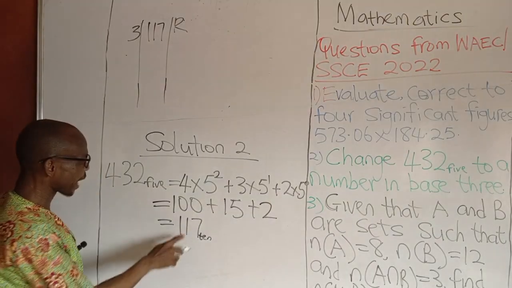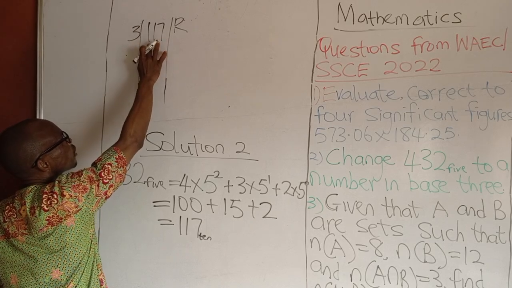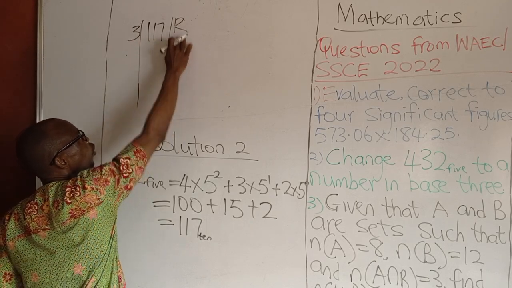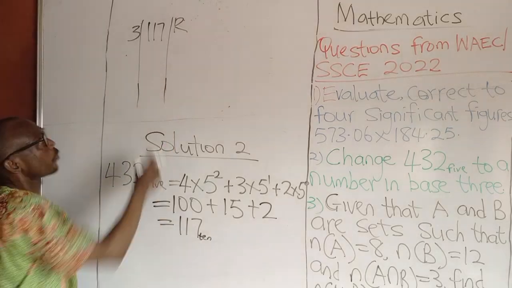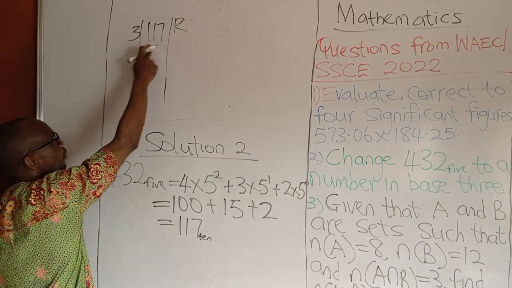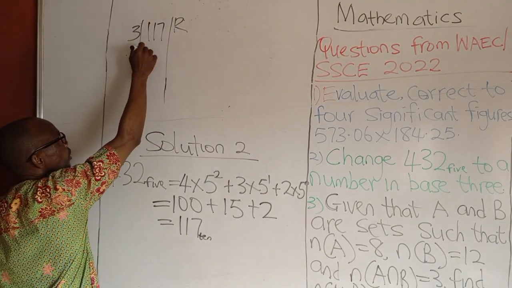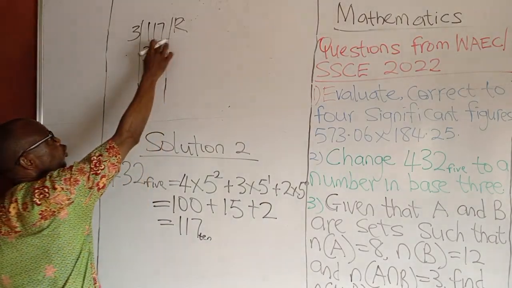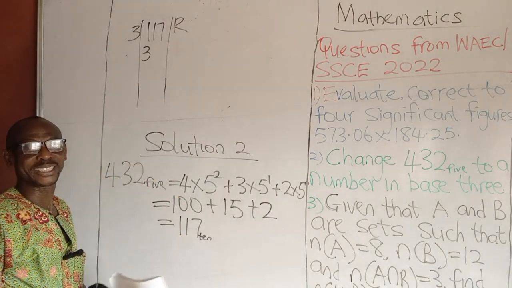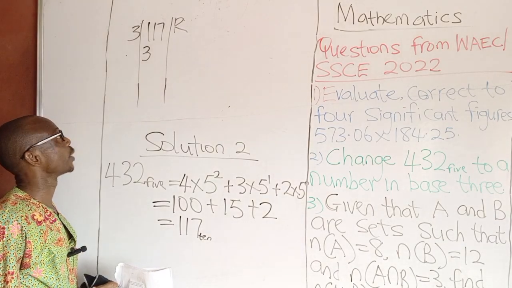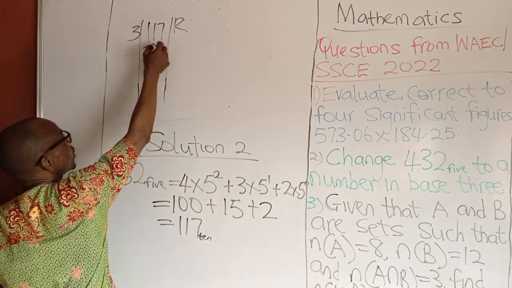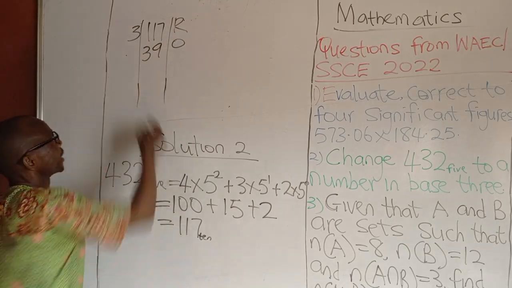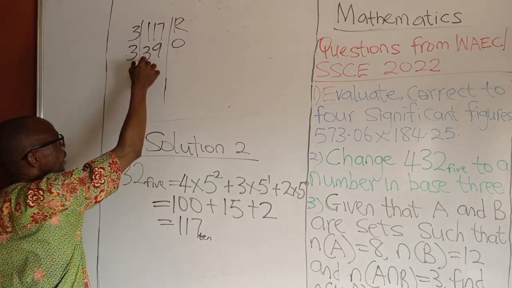So 3 into 11 will give us 3, remaining 2. We carry the 2 to 7 here, becomes 27. And 3 into 27 will give us 9, remaining 0. So 3 divide 3, 1.